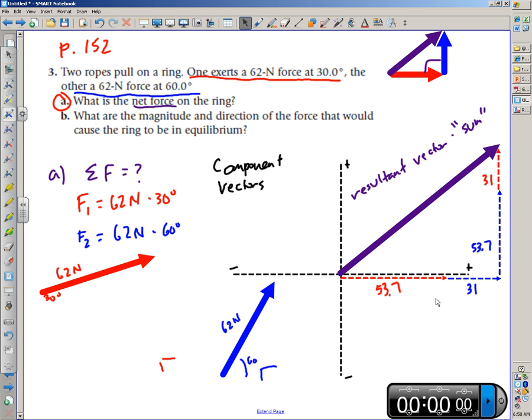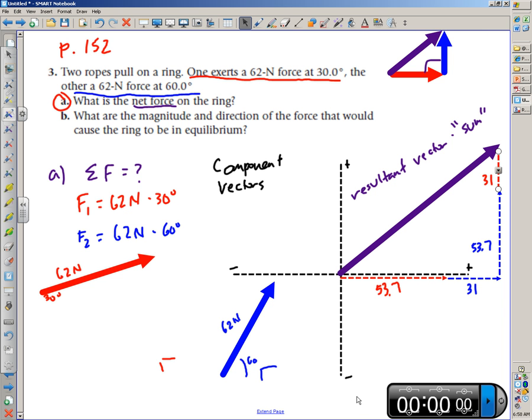But more importantly, to the problem itself, check out where those vectors start and end. They start at the beginning of the purple vector, which we said ultimately is what we're trying to find, and they end at the end of that purple vector.